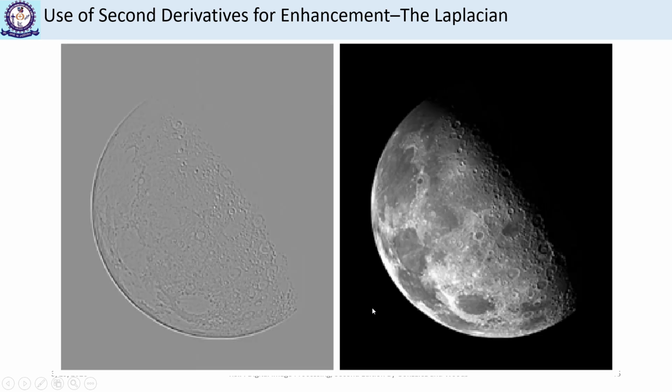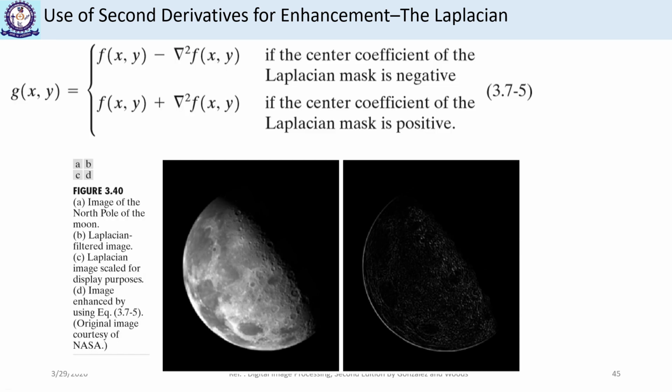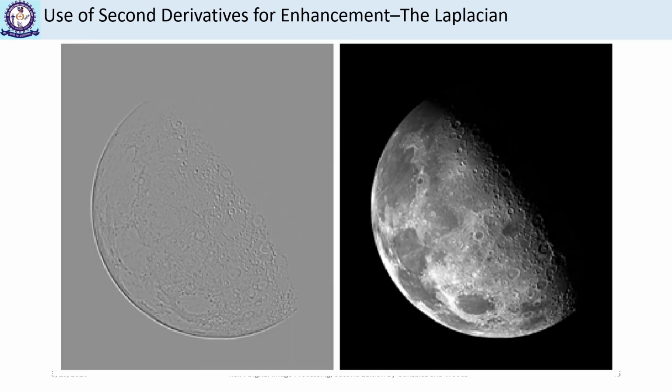Now if I want to see this image a little more properly, what do I do? I scale this image. Scaling means a constant value of gray level is added to all the pixel intensities. After scaling, this image would look like this. And this image is the enhanced image using the Laplacian filter.